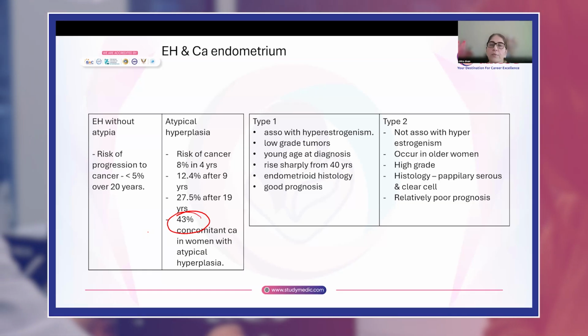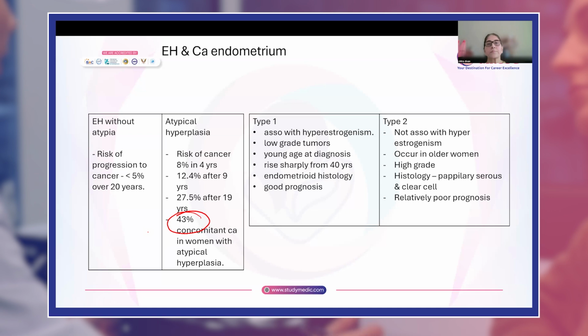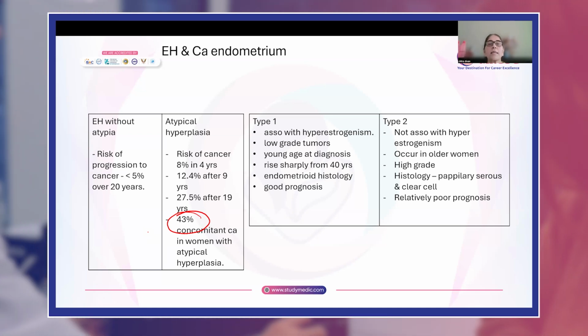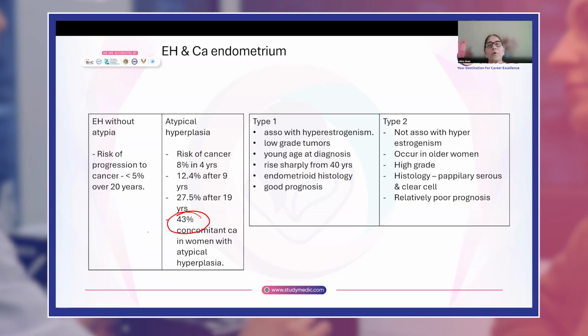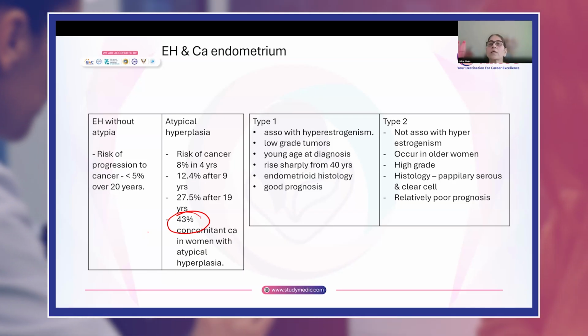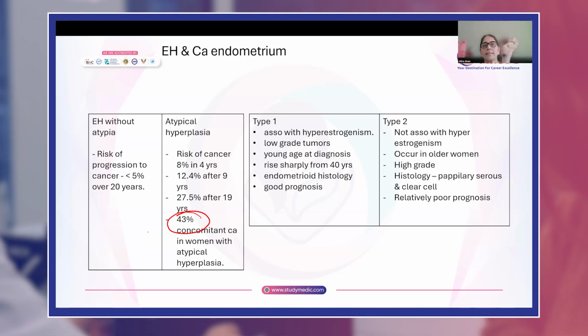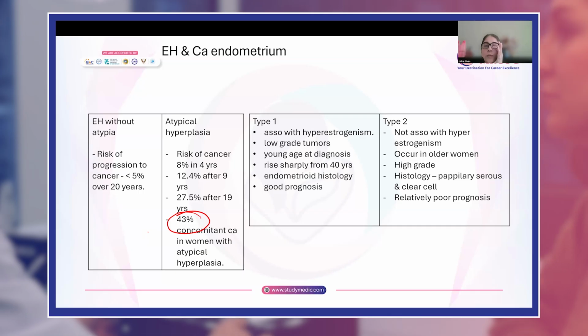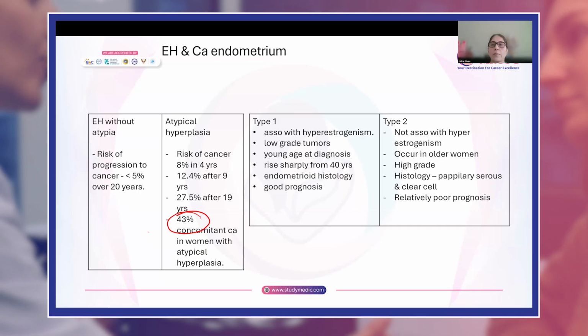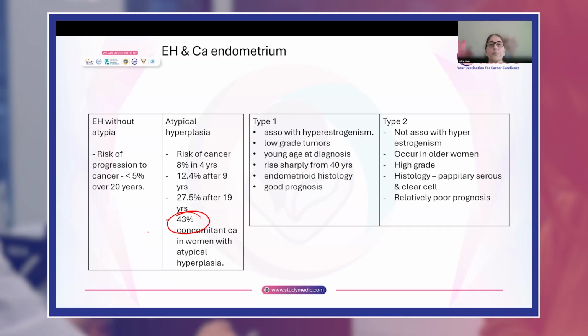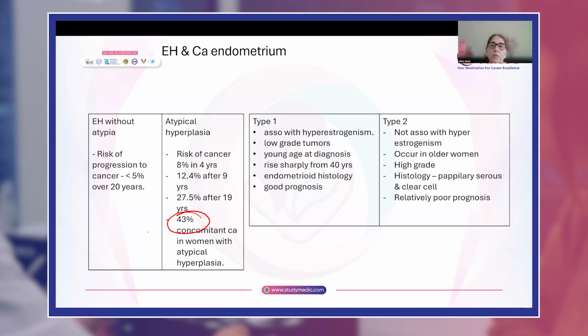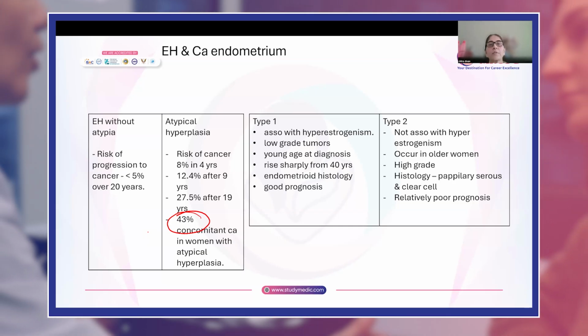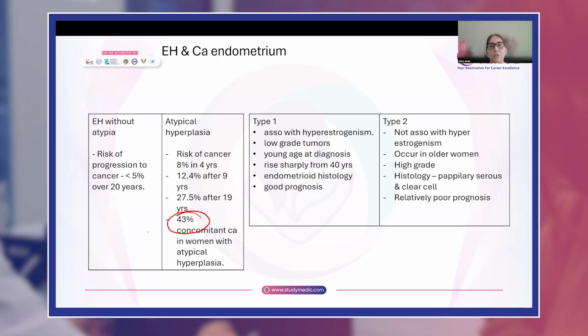Now coming to women who have invasive cancers or CA endometrium, there are a lot of histological types. We will be seeing that in the next slide. And also in CA endometrium, there are two types that are seen commonly, type 1 and type 2. We already saw that carcinoma of the endometrium is associated with hyperestrogenism.